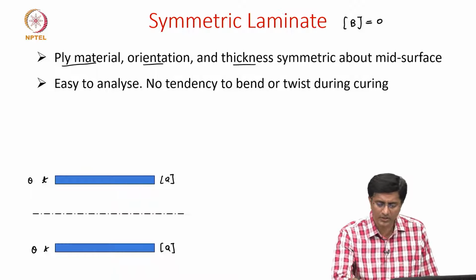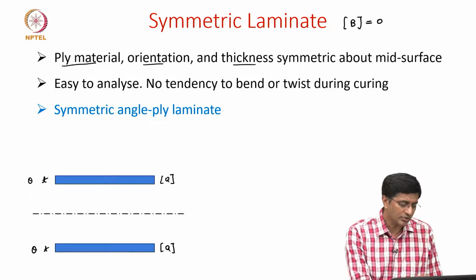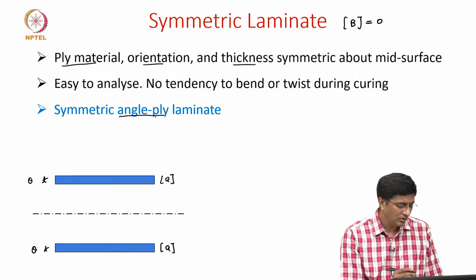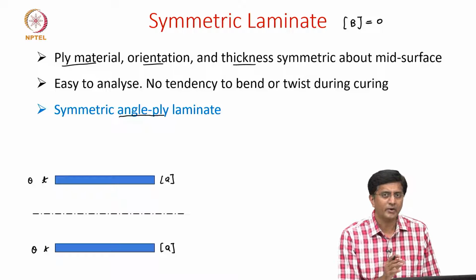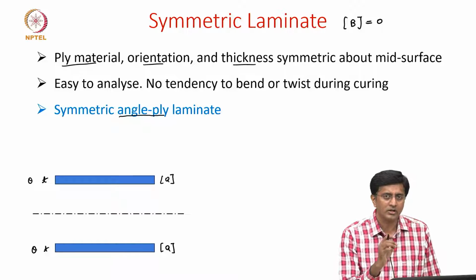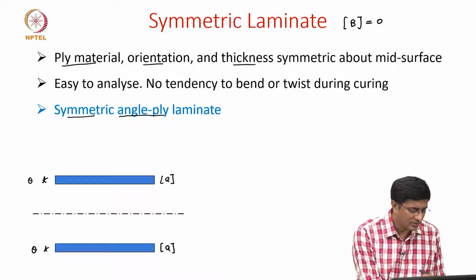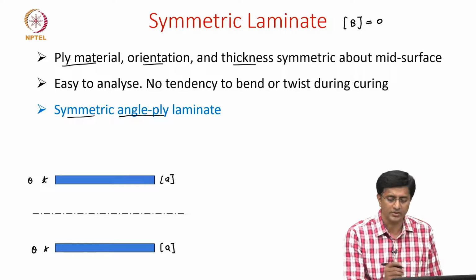The reason why we are looking at this here is to discuss it in the context of angle-ply laminates. So now let's see what we term a symmetric angle-ply laminate. Angle-ply, as we already mentioned, is made up of either theta or minus theta. And the additional condition we now have is that it should be symmetric. So let's see with an example.